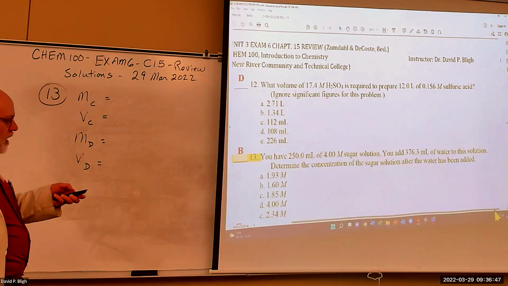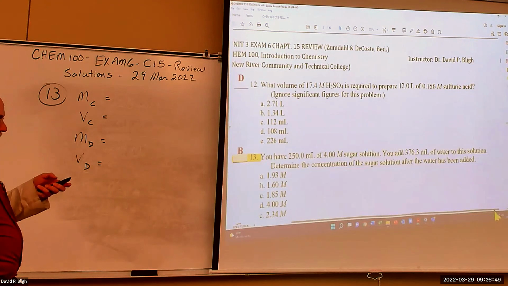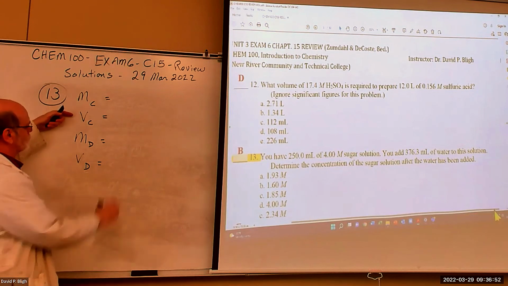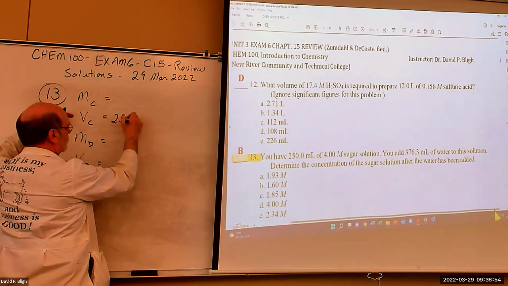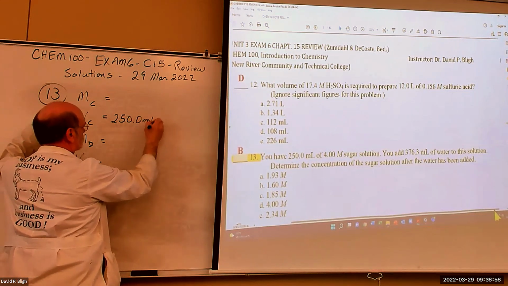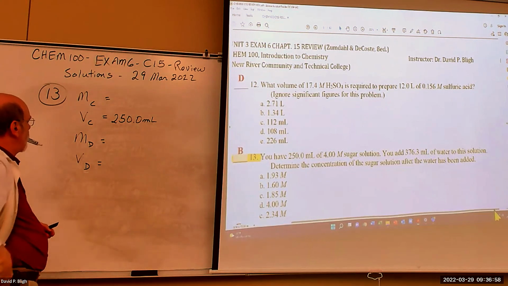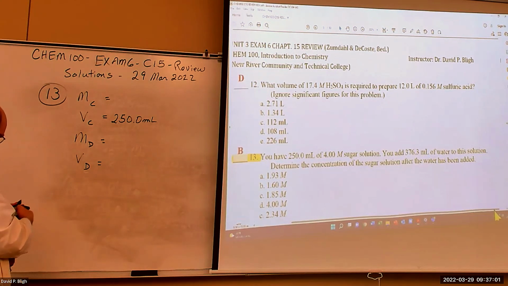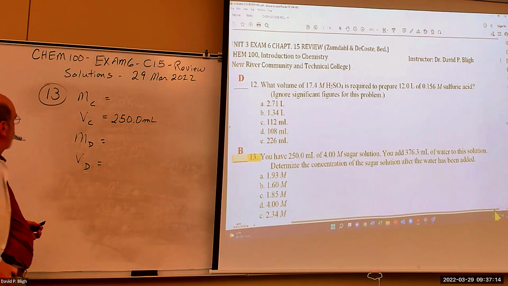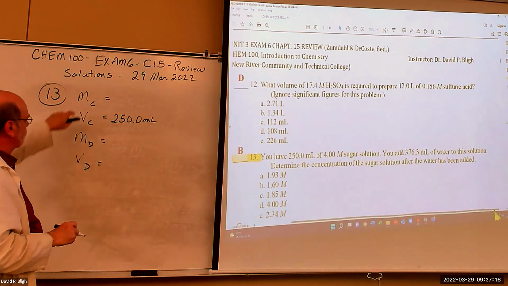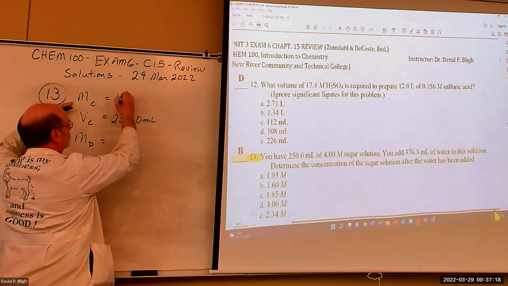So we start off with, we're going to dilute it. So 250 milliliters is concentrated volume, from a concentrated solution of 4 molar.